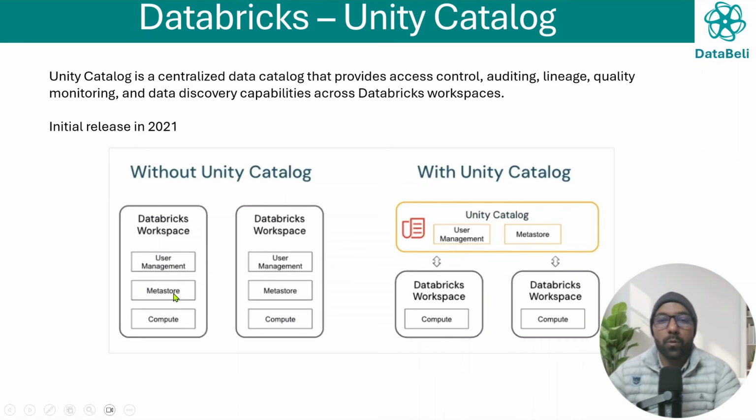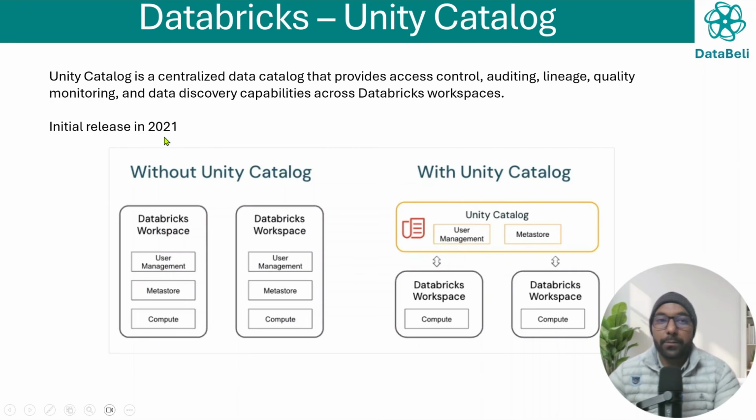Similarly, what all tables and their metadata were there was also tied to a single workspace. That was the default Hive metastore in most of the cases. So accessing that data in another workspace was also a problem. Similarly, compute has to be part of the workspace only. That is how it works.